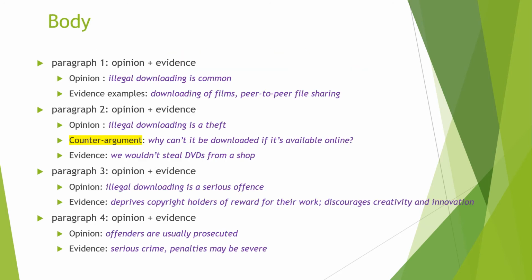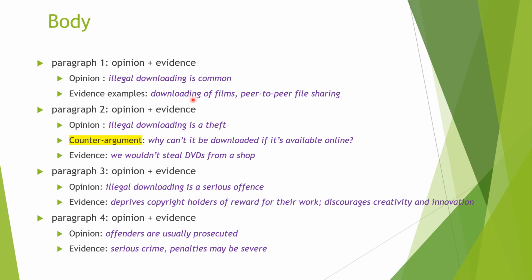To give you greater detail about what the body part should be like for question 4 of Unit 1 writing: paragraph 1, the first opinion can be that illegal downloading is common. What is the evidence? Some examples. Why is illegal downloading common?